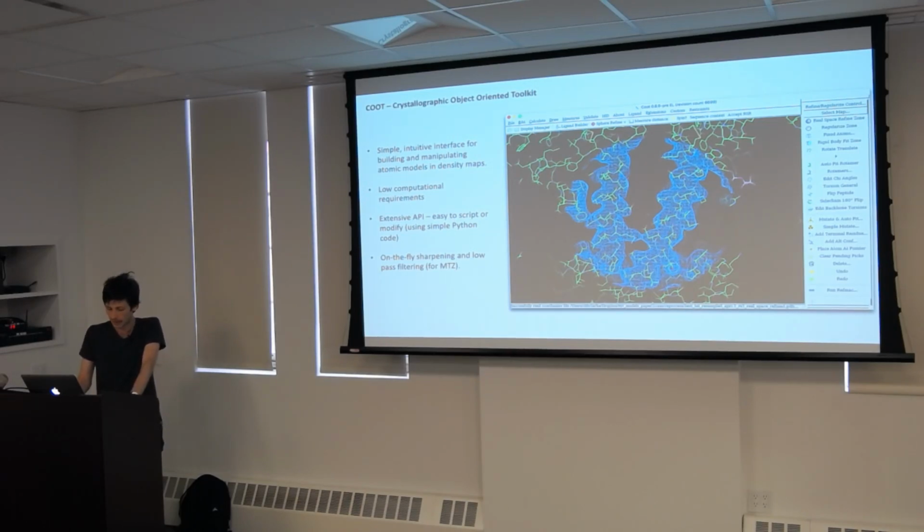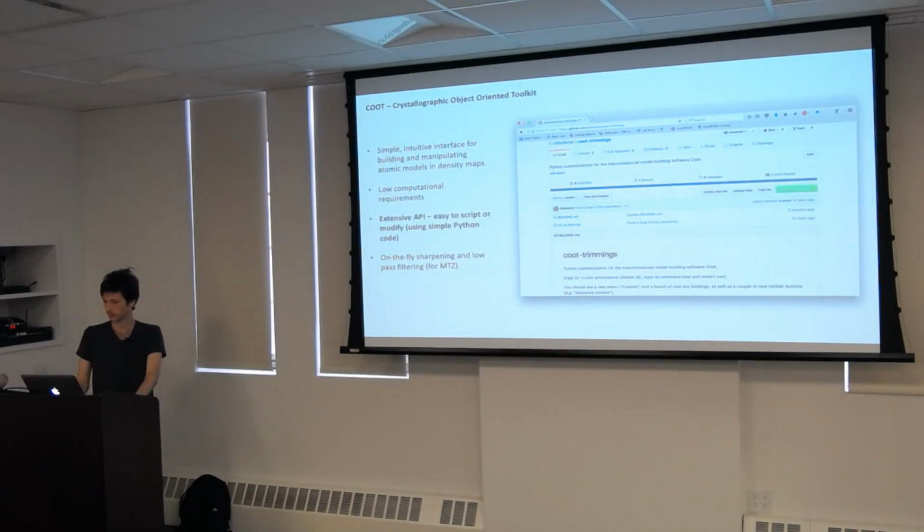But the thing that I really like about it is it has a very extensive programming interface. So you can very easily write your own little Python scripts in order to modify what COOT is doing and to make custom functions which do what you want, which in EM is often really helpful because you might be dealing with something that's particularly large or at low resolution, and you might want to modify the way that COOT is working.